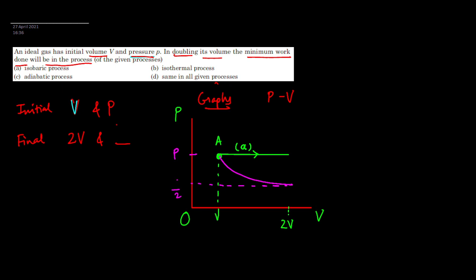Volume double, pressure half. Okay, this is B, that is the isothermal process. Okay, very good Nandini. Now what about the third one?